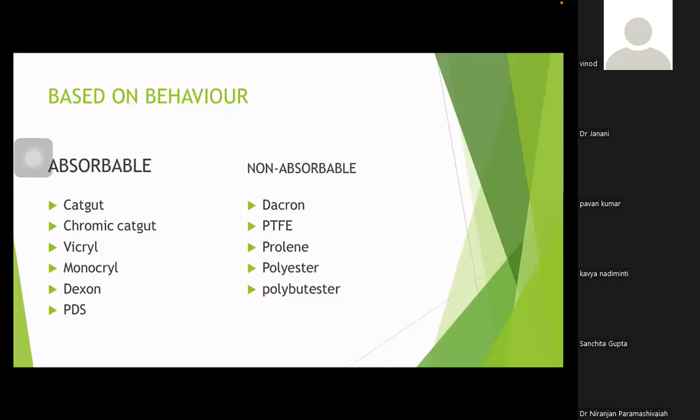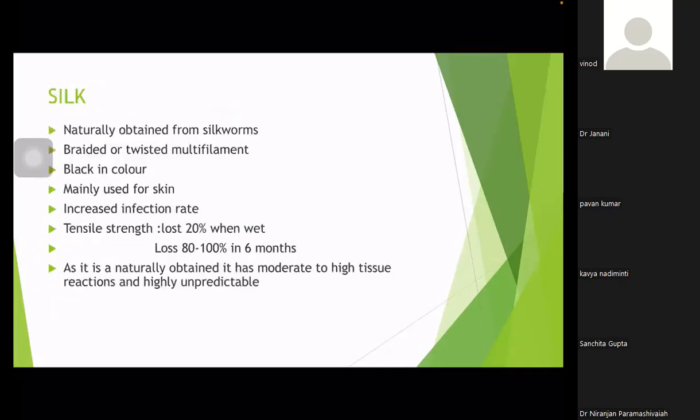Continue, Vinod. Silk is naturally obtained from silkworms. It is a multifilament material, black in color, and mainly used on skin, like fixing drains.